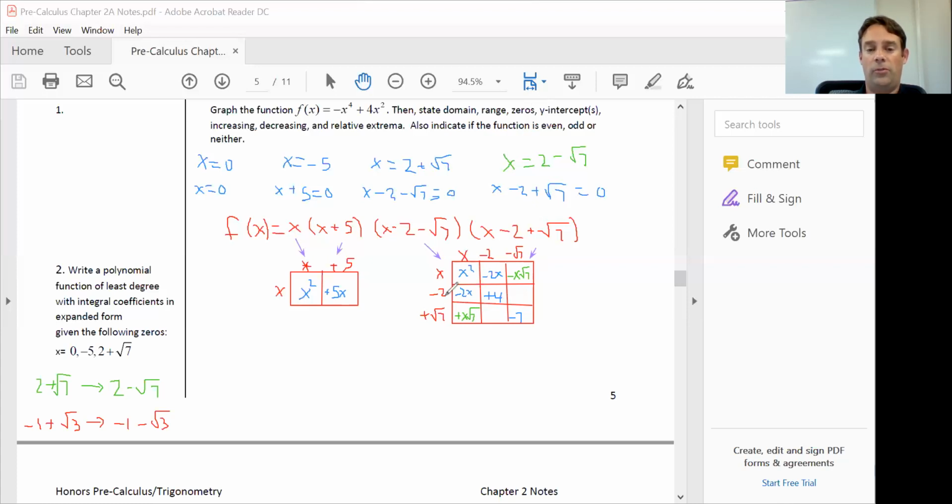And it allows us to have something that's a little bit easier. Negative 2 times negative root 7, well, that's a positive 2 root 7. Likewise, negative 2 times positive root 7, that is a negative 2 root 7. Again, notice all the root 7s have something they cancel out with, which is fabulous, because when we get our polynomial, a polynomial will never have any radicals in it.